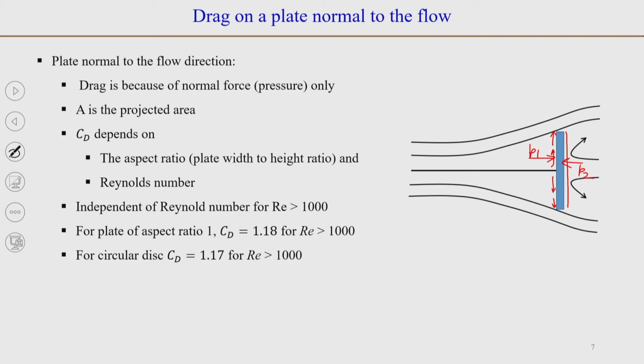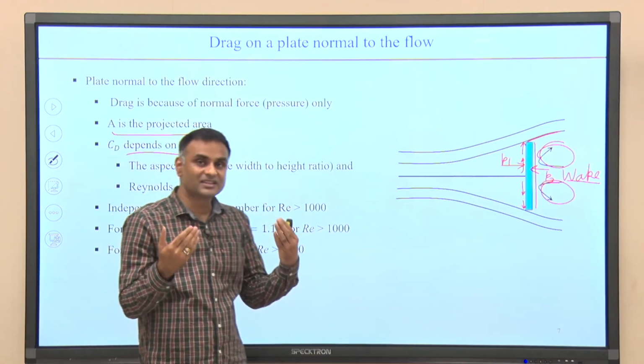When the flow passes around it, there will be flow separation from these boundaries, and you will have recirculation in this region, which is also called the wake region. For this case, the projected area, or the area of the plate, will be the A in the definition of the drag coefficient, and this C_D depends on the aspect ratio, which is the length and width.